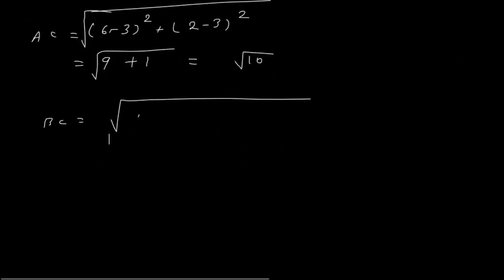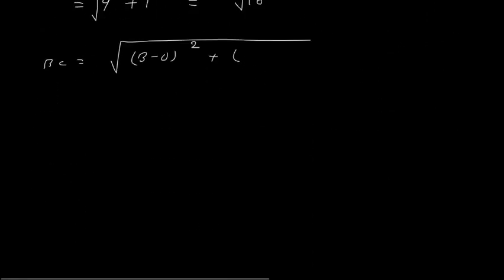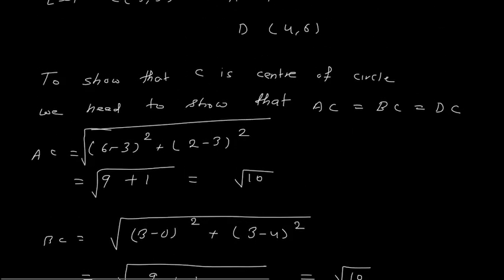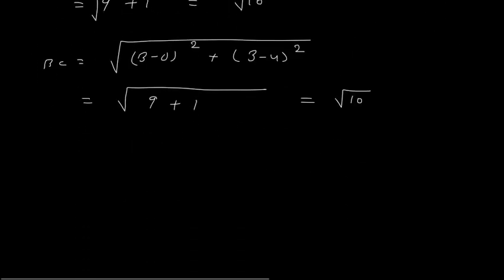So it is the square root of 9 plus, 3 minus 4 is minus 1, its square is 1. So it becomes root 10. This is BC.